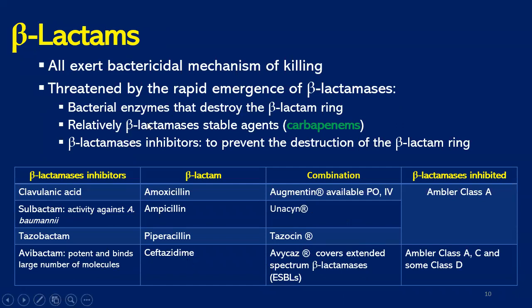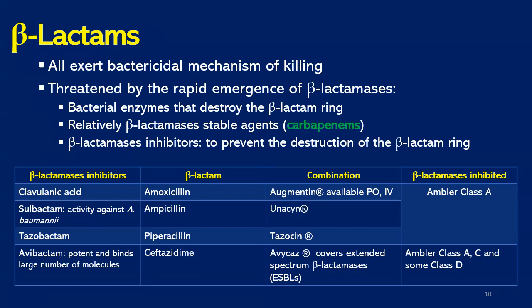So all of these agents, the beta-lactams, are bactericidal in their mode of killing the bacteria. And the problem that might hamper treatment using the beta-lactams is the development of resistance. One of the important modes of resistance is forming a beta-lactamase that will destroy the beta-lactam ring.